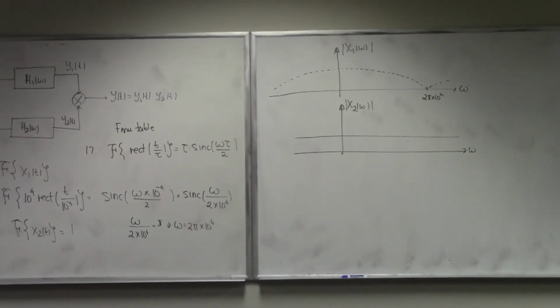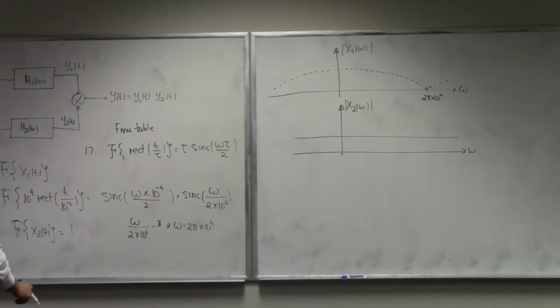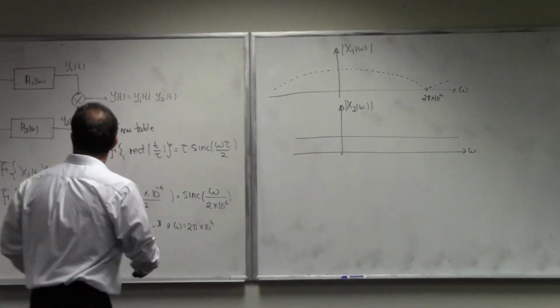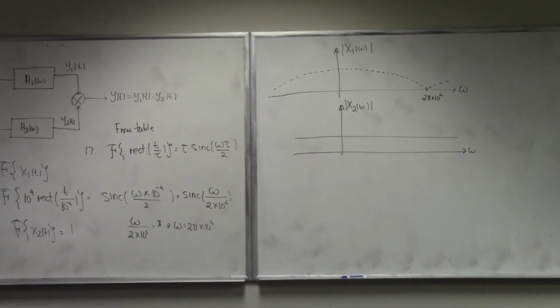Then it says sketch these two, H1 and H2. This is a rectangular pulse whose width is 40,000 pi, so this is 20,000 times 2 pi, so it's 10,000 on each side.